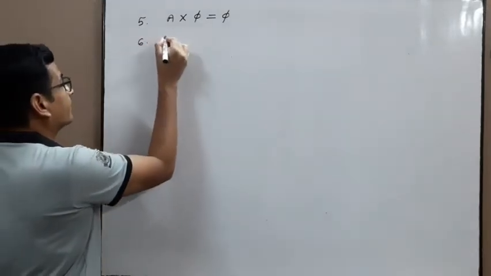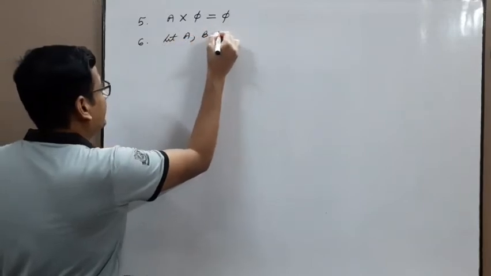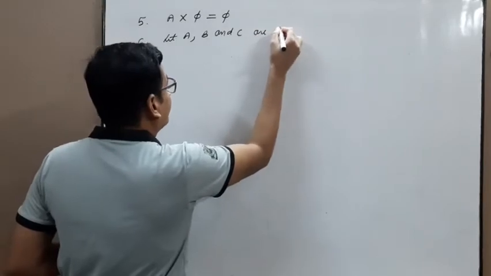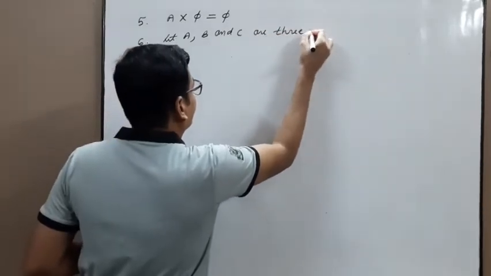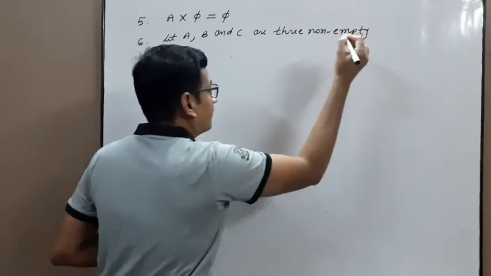Point number 6. Let A, B and C be 3 non-empty sets.